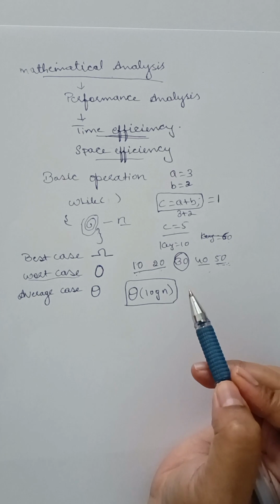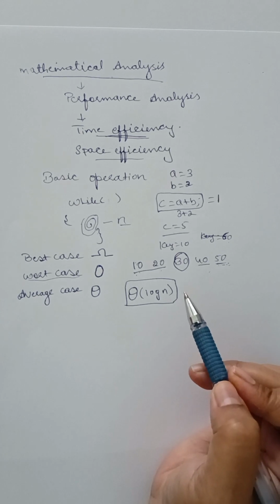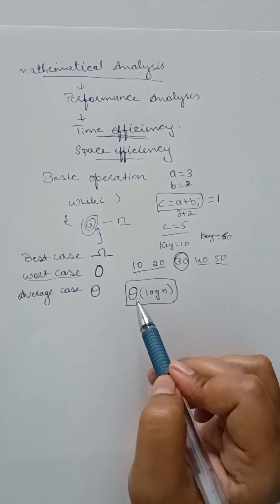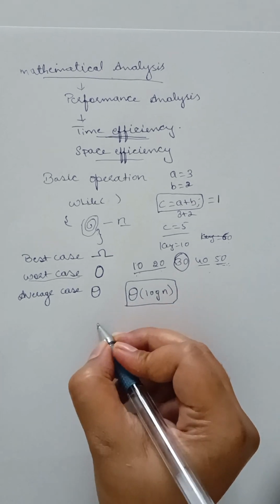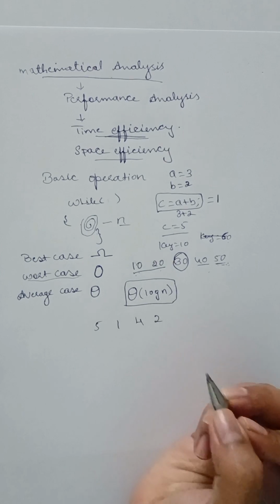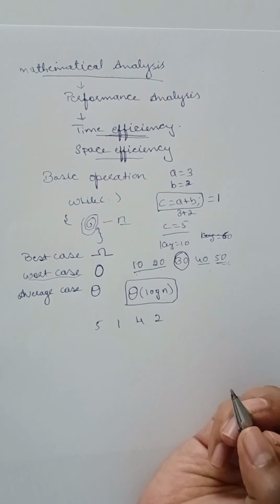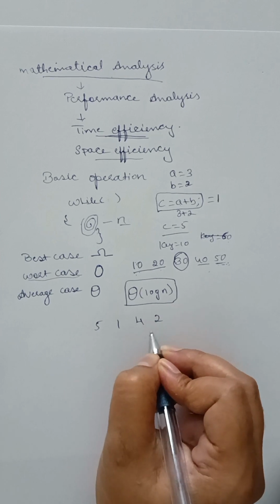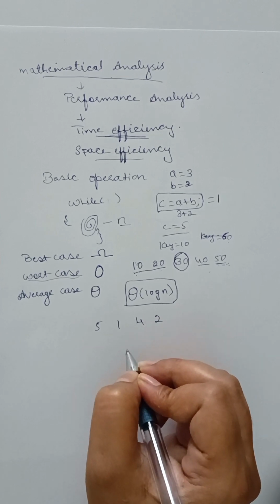For example, in sorting algorithms we'll never come up with the best case or the worst case, because here all the elements have to be checked. For example, I have 5, 1, 4, 2. I have to sort this. Then I have to traverse through each and every element of the array each and every time. Is it not?